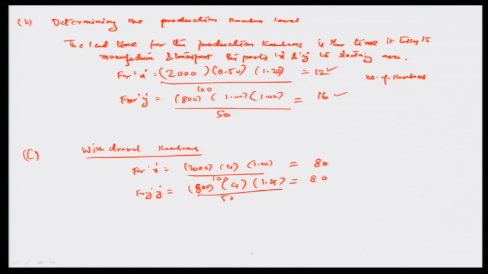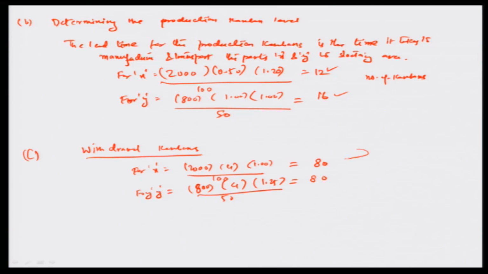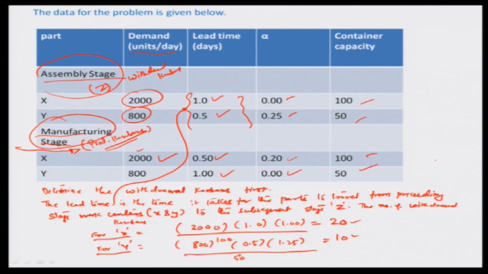So if you see the increase in the withdrawal Kanbans from the earlier 20 and 10 level, there is about a plus 60 increase in the X withdrawal Kanban level, and about plus 70 increase in the Y withdrawal Kanban level from the earlier recorded value of 20 and 10.